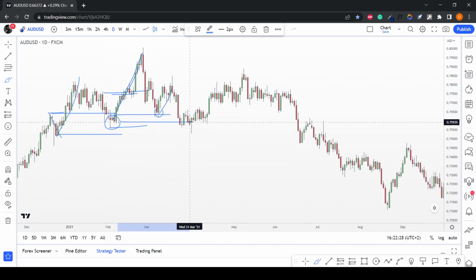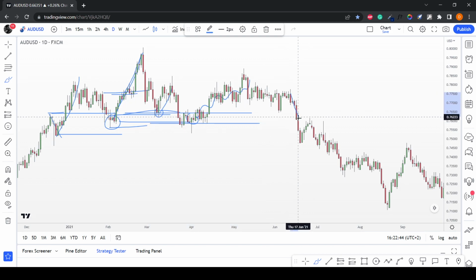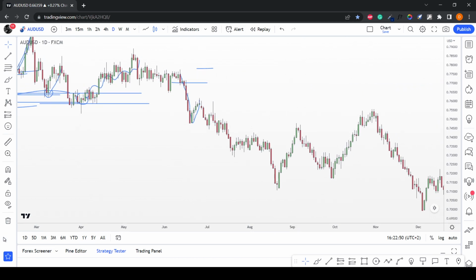So mitigation is when the price comes back for closing the orders that are in drawdown from the smart money side, to close them at break even. Then we have more reaction, and then eventually these zones fail. This zone is failing. The market never reached back to this zone and just held the structure here.